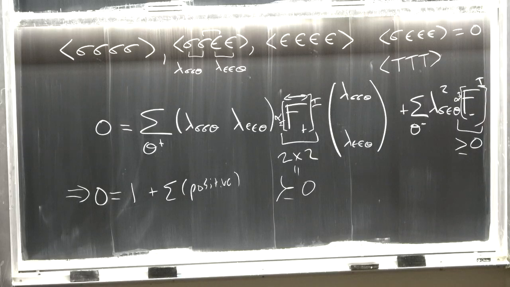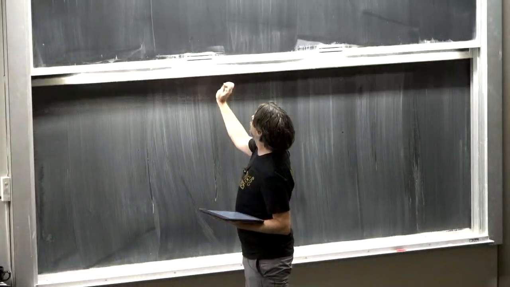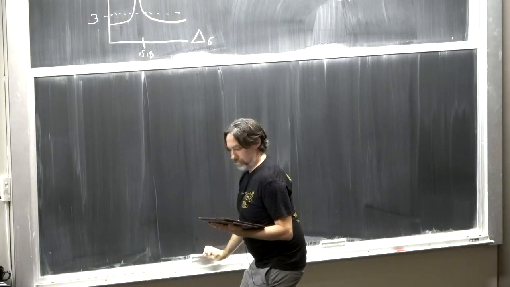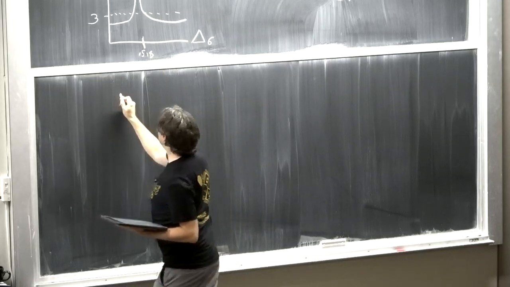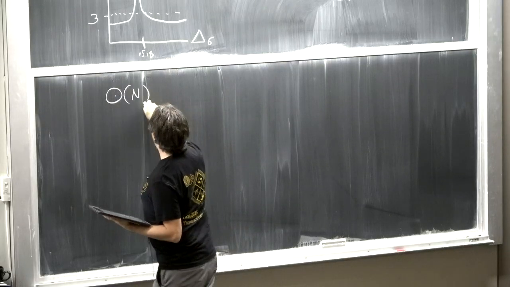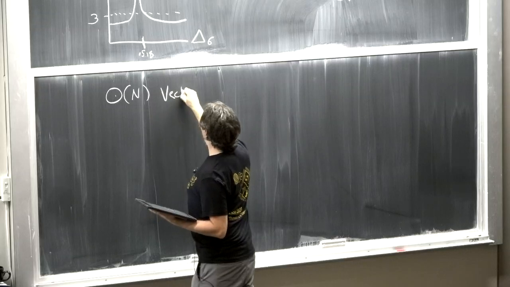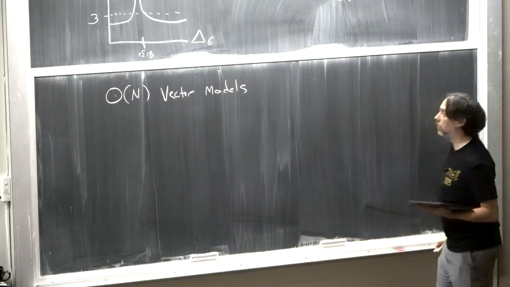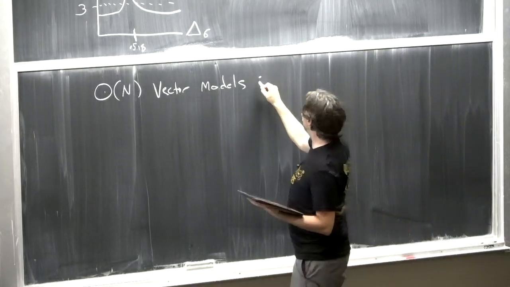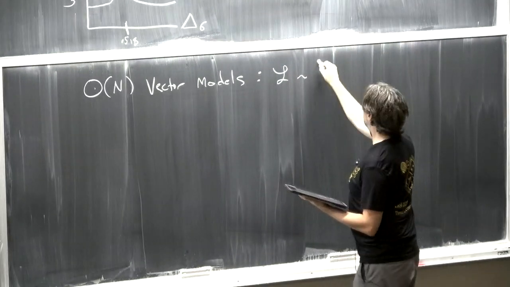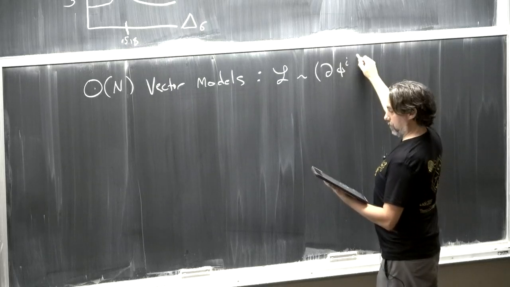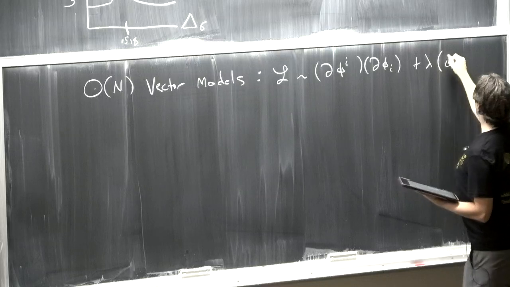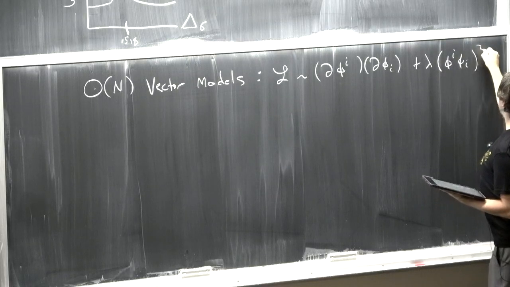Some other examples, in 3 dimensions, are the O(N) vector models for different values of N. These are N scalar fields with an O(N) invariant interaction.